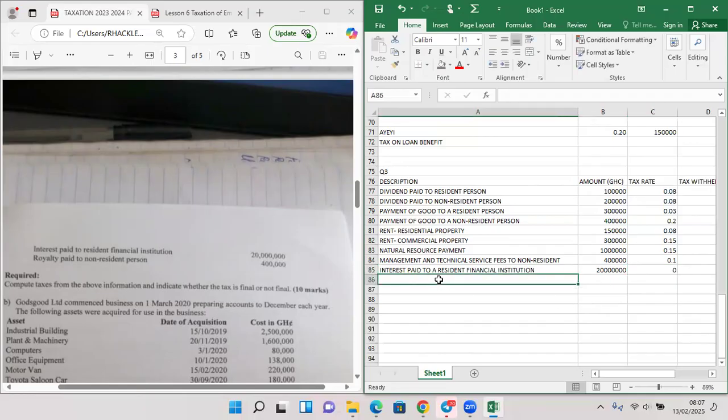Then royalty paid to non-residents. 400,000. And it's 15%.